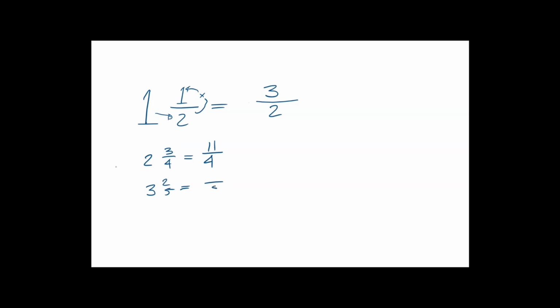Well, the 5 is always going to stay there. 3 times 5 is 15. 15 plus 2 is 17. Okay. 4 and 1/3. We draw the line. We draw the 3. 4 times 3 is 12. 12 plus 1 is 13.